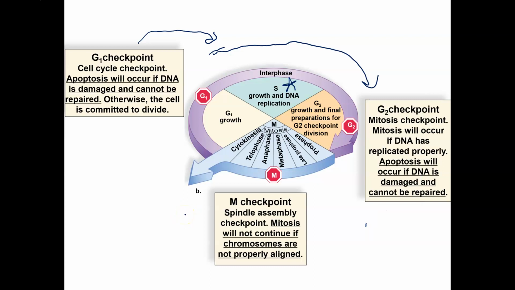The last phase is that mitotic phase, and at the metaphase plate right here, we have a checkpoint. And at this checkpoint, we're making sure that the spindle fibers that are produced, which are these little tiny fibers, and I'm just going to draw some DNA over here just for funsies, okay?